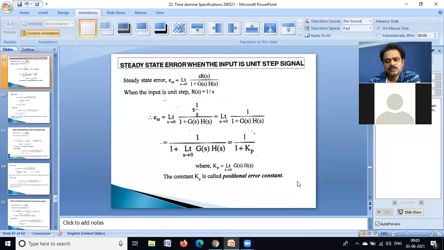This is a static error constant, for when the input is a unit step signal. Okay, this part I think we completed in the last class.